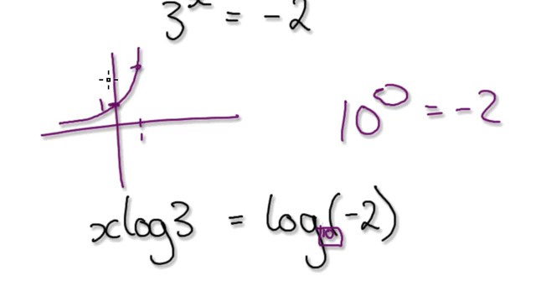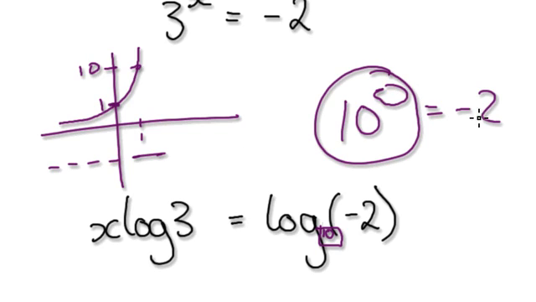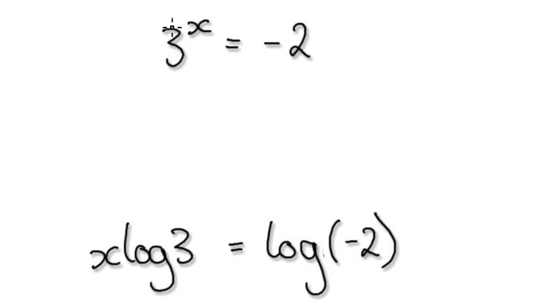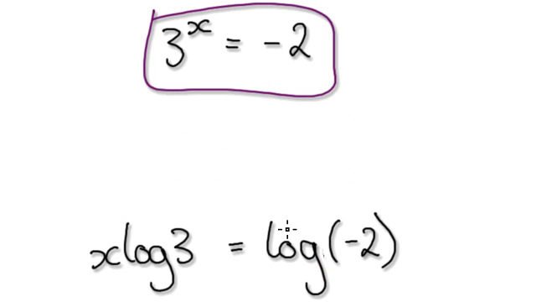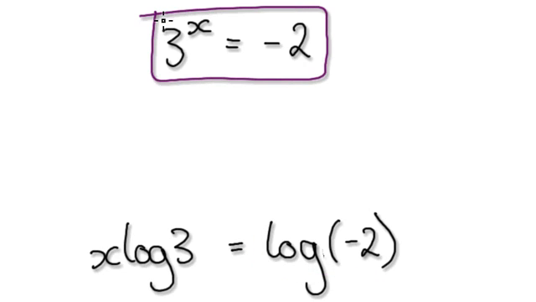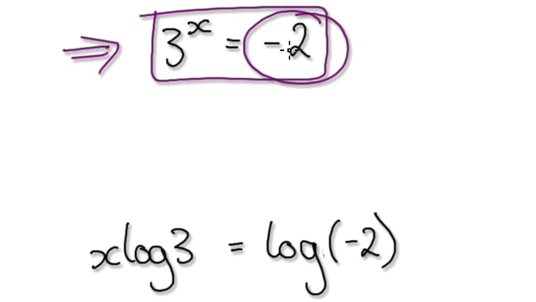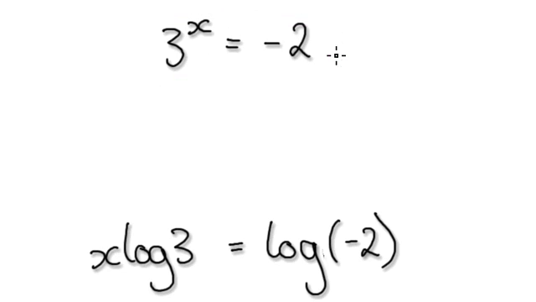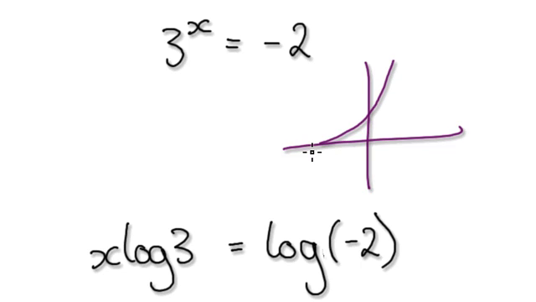When it's 1 here, this here will be 10, not to scale. And then -2 will be somewhere down here. When will this thing here be equal to -2? Never. So even if you do log both sides, this bit here will break down. But you should realize that when looking at this, when will this be -2? It will never, because the graph is always above 0. Okay.